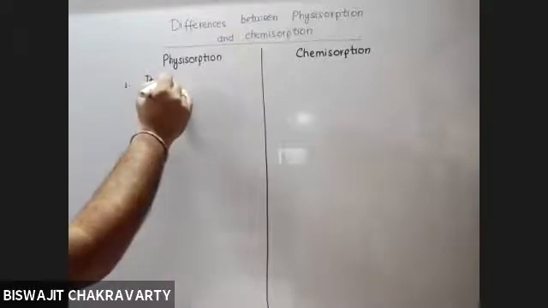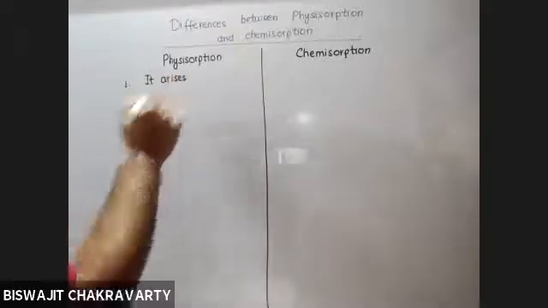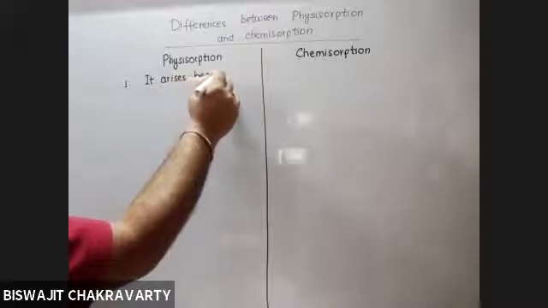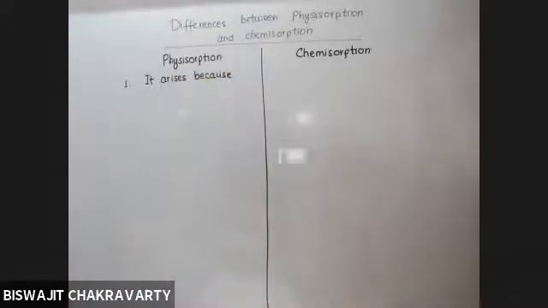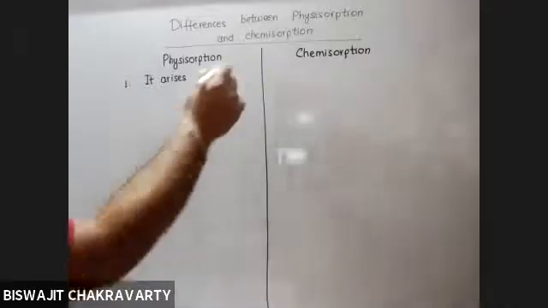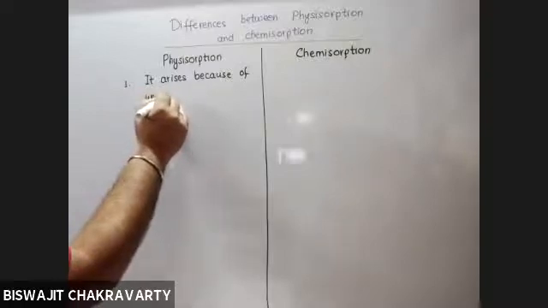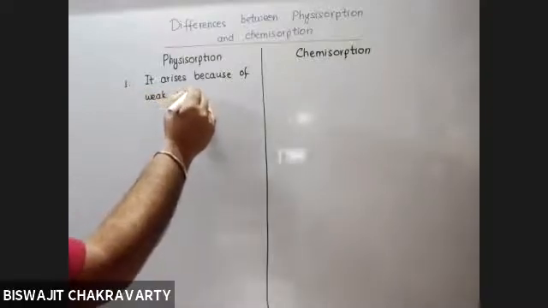So write down, it arises because of weak van der Waals forces. Please go through the video, I have asked you to go through, otherwise later on you will mix up the things. It arises because of weak van der Waals forces.